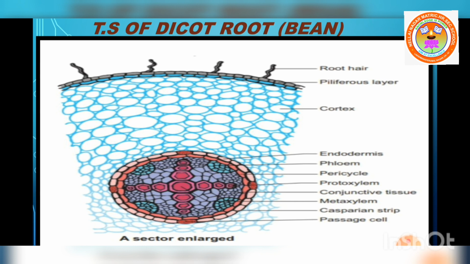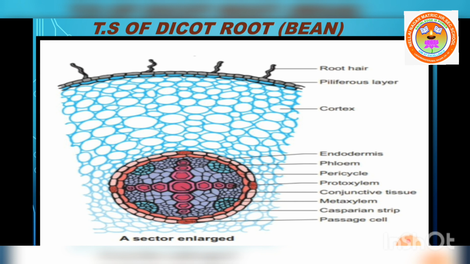The major function of epiblema is protection. It protects the inner-lying tissues. Epiblema is also known as rhizodermis or piliferous layer. Next to epiblema we can see cortex.